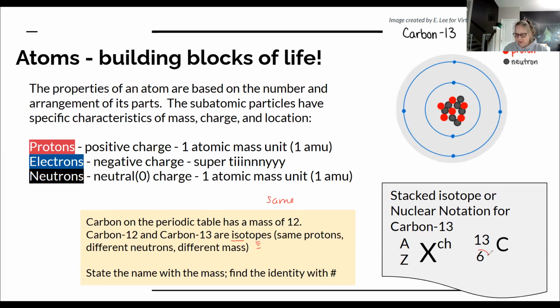So carbon-13 has 6 protons, carbon-12 has 6 protons, carbon-14 has 6 protons, but they have different amounts of neutrons, so they have a different mass. Their identity is tied to the number of protons. That's why that's the atomic number. So you state the name with the mass, like we did up here, and you identify with the atomic number. And we'll do some more of those again on the periodic table later.